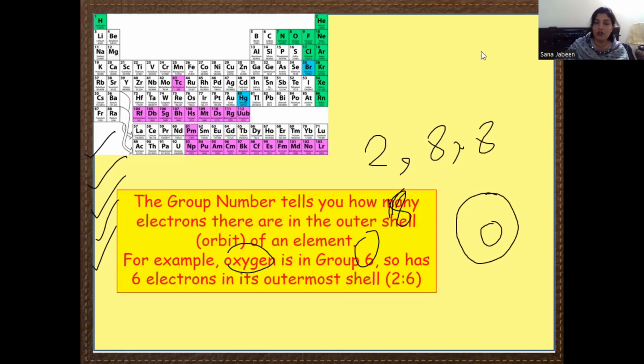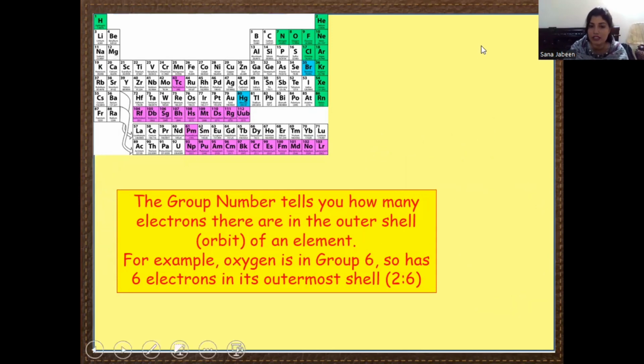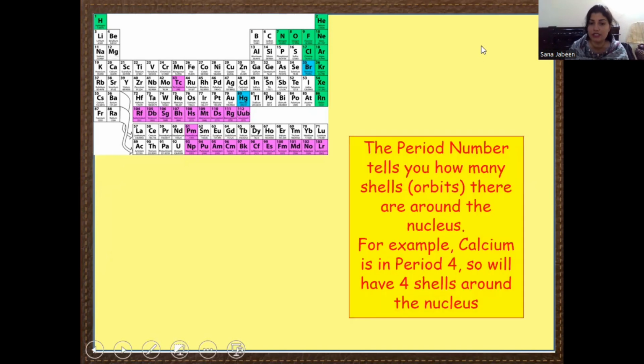Oxygen also belongs to the second period, which means 2 shells should be there. The first shell contains 2 electrons and the remaining 6 are in the second. Hope it is clear to you how many electrons are there in oxygen? Total 8, 2 in the first shell and 6 in the second.